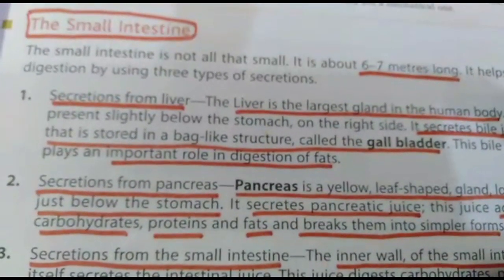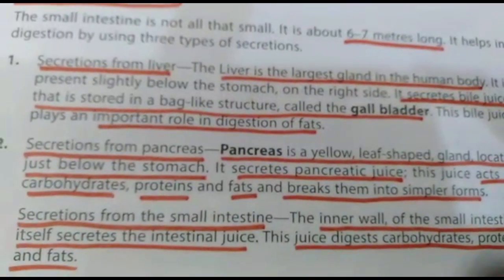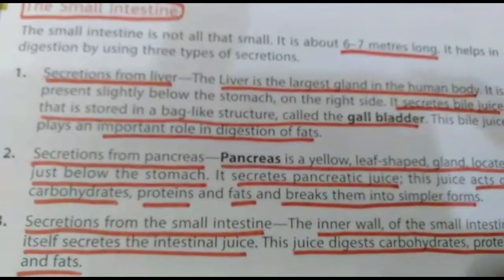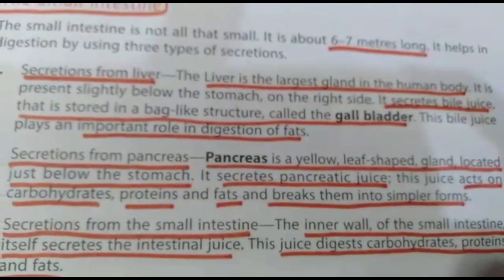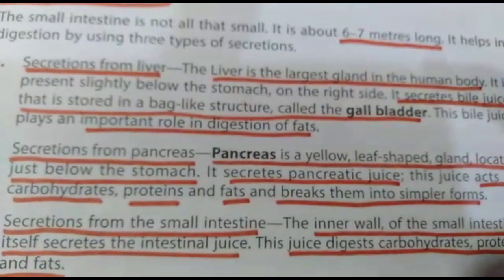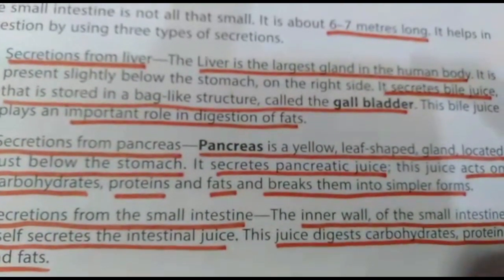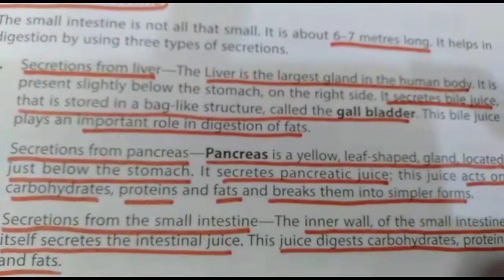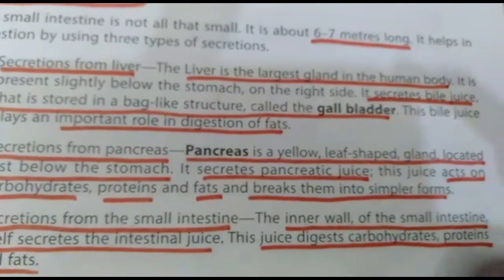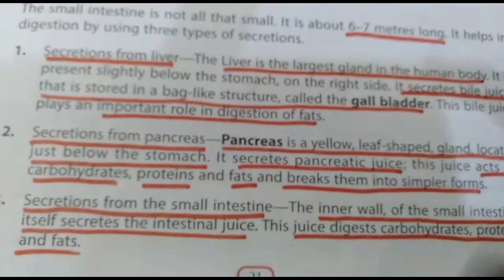The third secretion is from the intestinal walls of the small intestine, that is the intestinal juice, and this juice helps in the digestion of carbohydrates, proteins and fats.